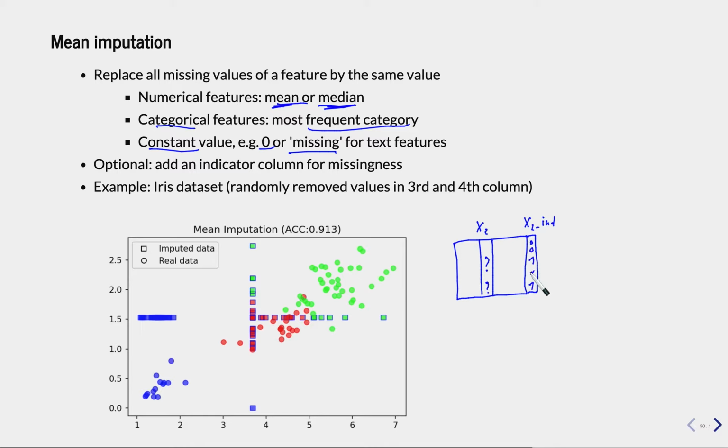Right? And this is a new feature that we add so that we keep the information about which data points were missing. That's often a good thing to do. It doesn't always help you, but it's often useful when you think that it's important to know which points are missing. Yeah, I would definitely advise doing that.